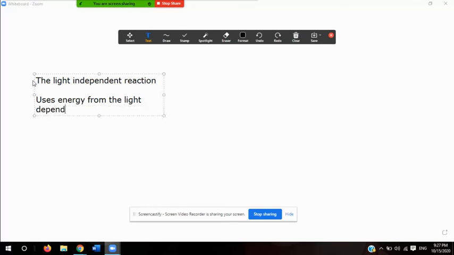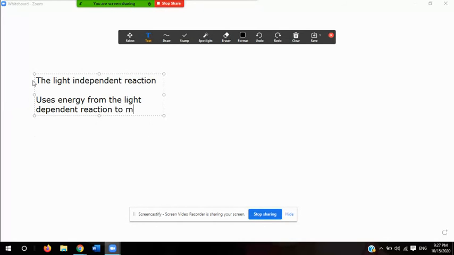In the light independent reaction, it says energy from the light dependent reaction is used to make sugars.